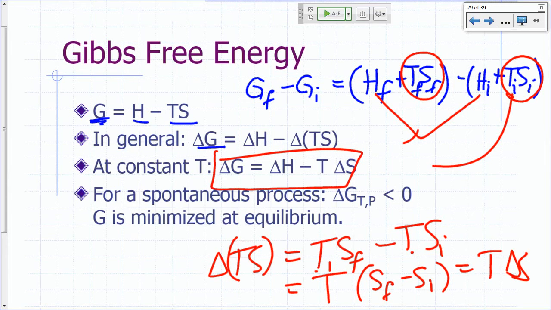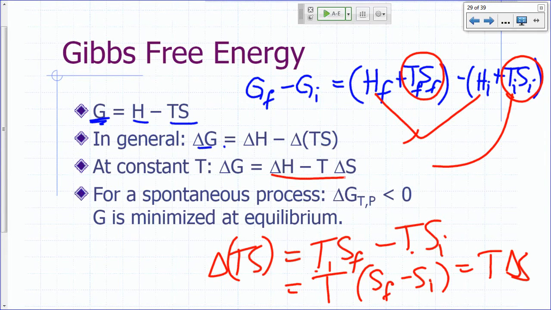So if you have a process happening at constant temperature, if you want to look at two states of your system at the same temperature, then the difference in the Gibbs energy would be equal to the difference in H minus T times the difference in entropy. Right? But what does this thing look like?